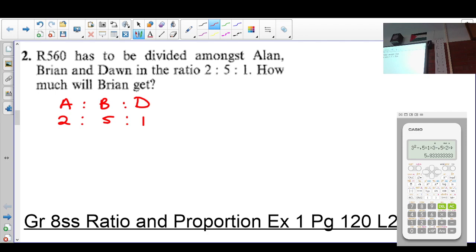The total is going to be 2 plus 5 plus 1, which is 8. Then what do we do? 560 divided by 8. Let's do that calculation.